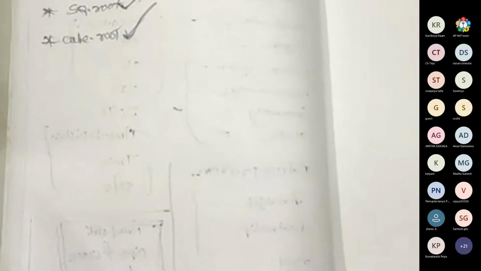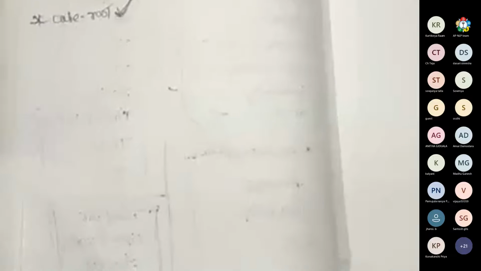Especially while solving any arithmetic or pure math problem, you should have strong knowledge in all these areas.